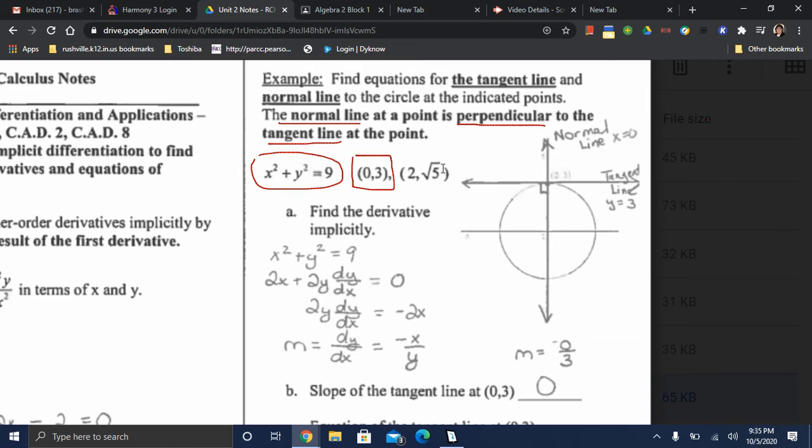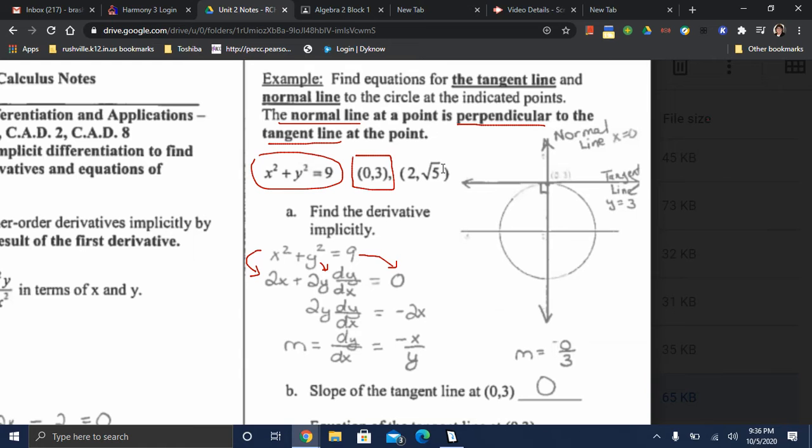So we'll find the derivative implicitly. That's fairly easy to do. Taking our original equation, the derivative of x squared is 2x. The derivative of y squared is 2y, but because it's a y, we have dy/dx, and then the derivative of the constant is 0.